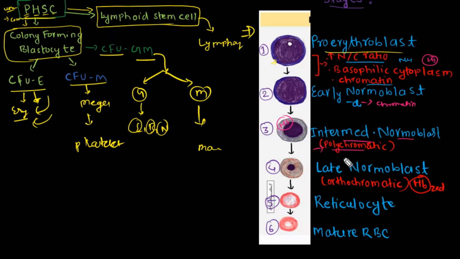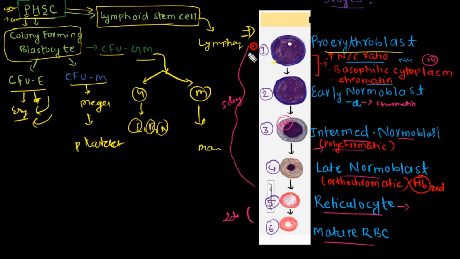Then we have the late normoblast. So: proerythroblast, early, intermediate and late normoblast, then the reticulocyte and mature RBC, and all these take about 7 days. Maturation occurs over 2 days, whereas the other stages go on for 5 days.